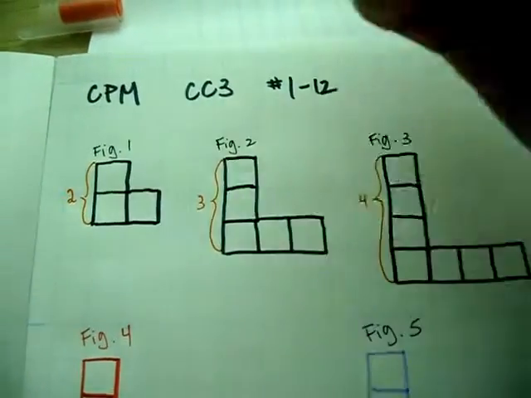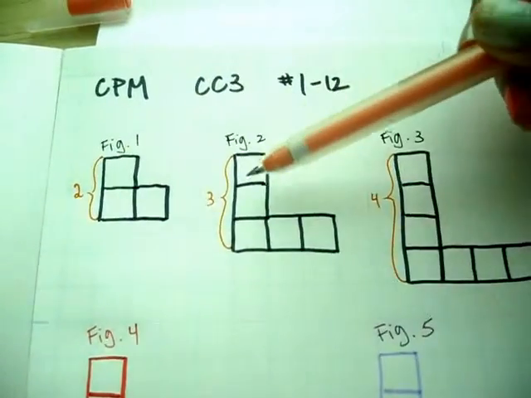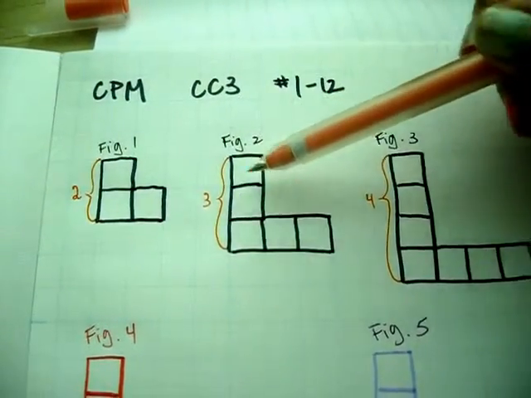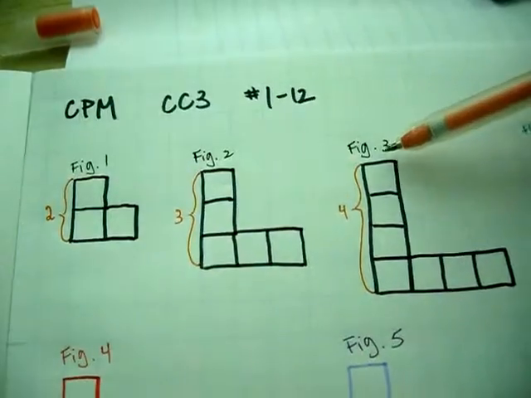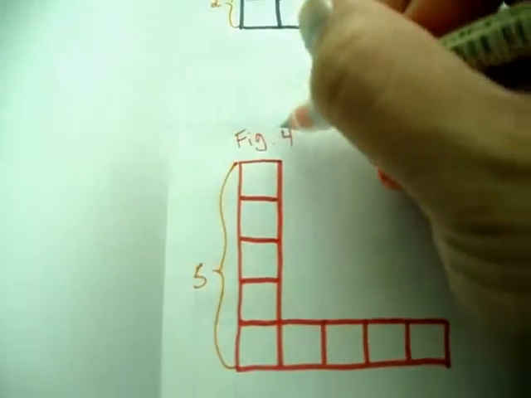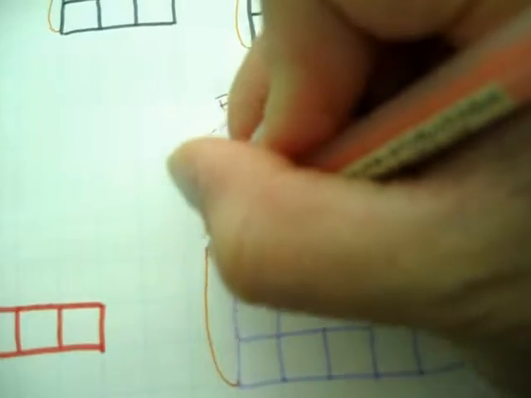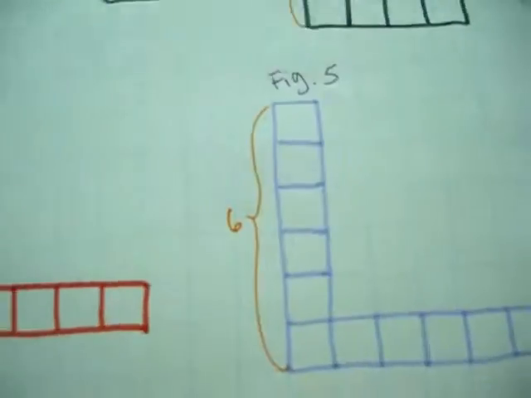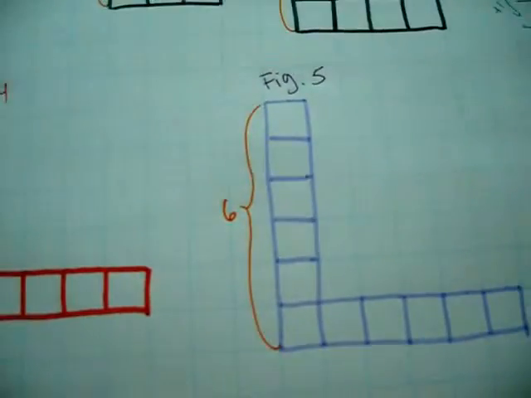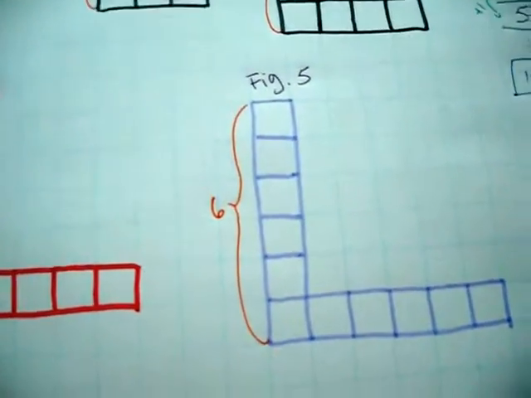And do you see? 2 is 1 plus 1 more. 3 is the figure number plus 1 more. 4 is the figure number plus 1 more. 5 on the 4th figure, excuse me. And 6 little boxes going on the vertical part of the L shape in the 5th figure. So I am going to draw a mini guess.